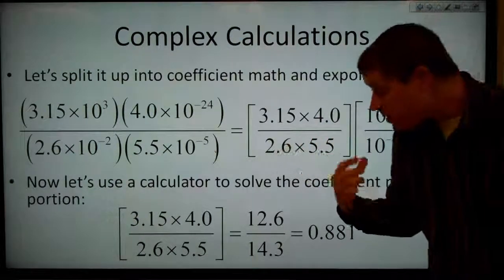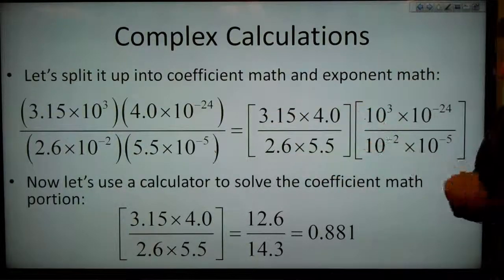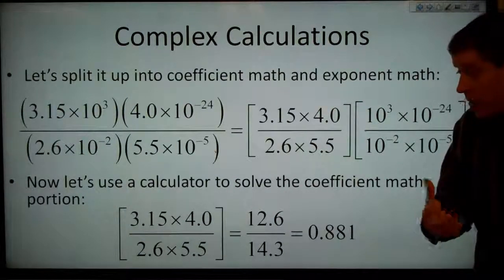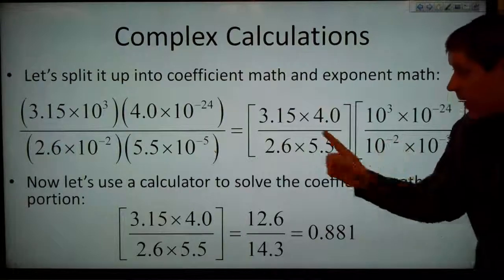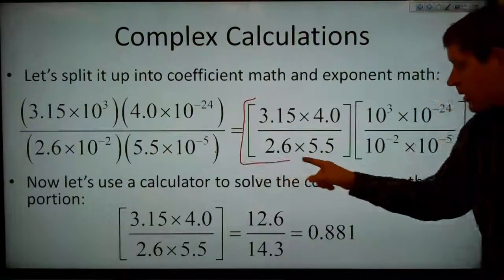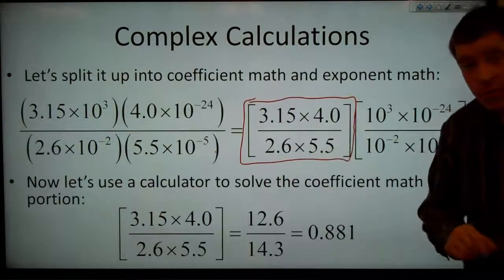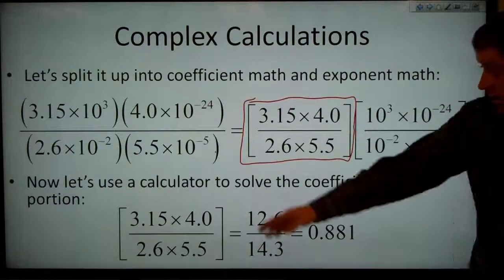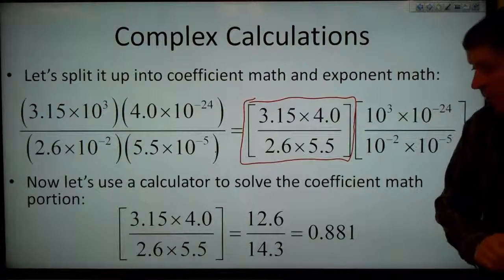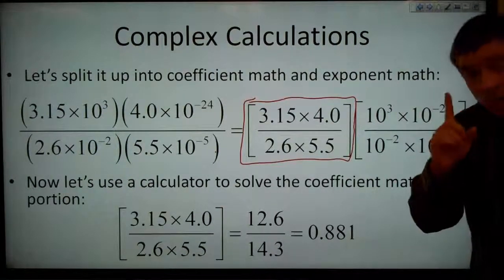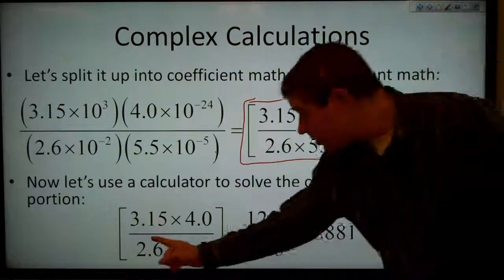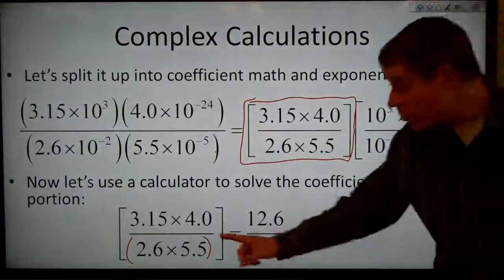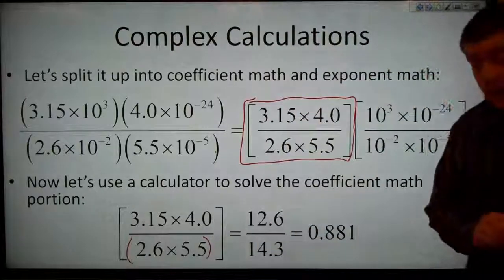So for the coefficient part, this is too difficult for us to do in our head, so we're going to use our calculator. Now we can use our calculator just for this portion of the problem. We're not going to use the calculator for this portion of the problem. So 3.15 times 4.0 divided by, and remember, if you're plugging this into your calculator, you need to put parentheses around the denominator there.